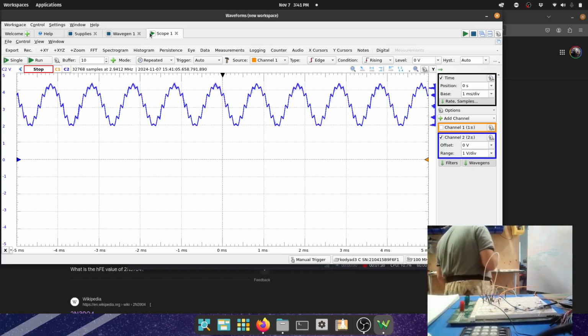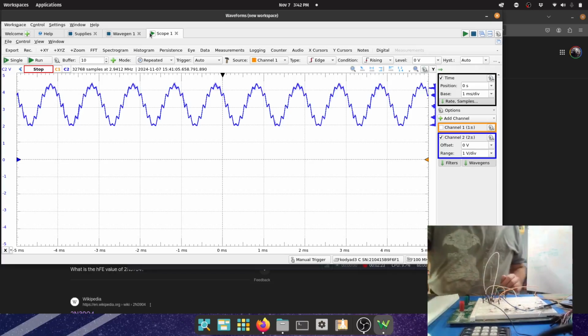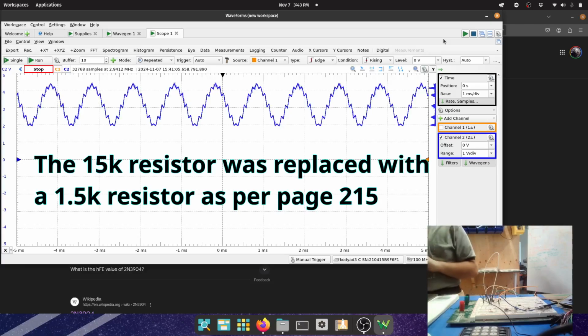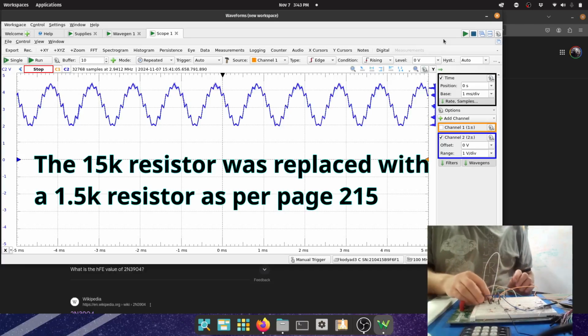So now we are back on 5L.1.7. Now we have to replace the 1.5K that is at the plus 5 volts. That's this guy here.